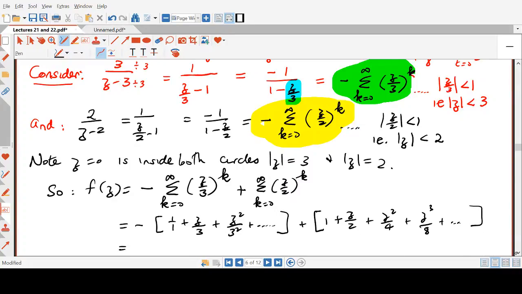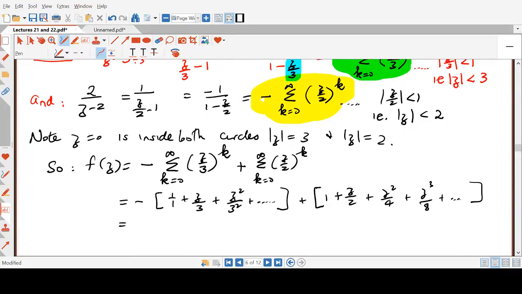Then you can combine these two. The ones will cancel off actually. You see, the ones will cancel off, so you'll have z over 2 minus z over 3 plus z squared over 4 minus z squared over 9 plus blah, blah, blah. So that is the sequence.